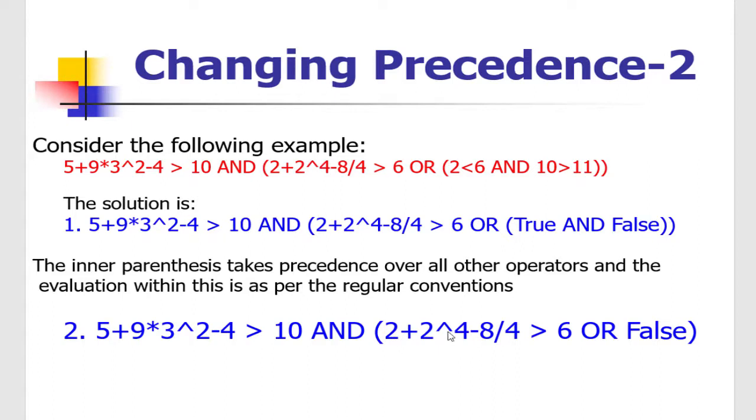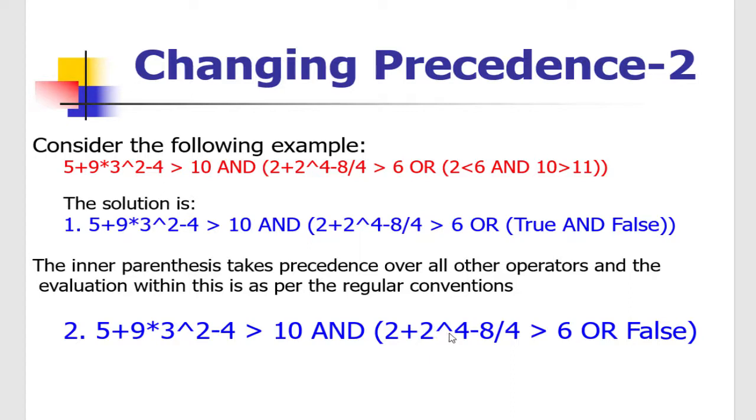Then we look at the next set of operations to be conducted. We have 2 plus 2 raised to power 4 minus 8 divided by 4. Now this has a higher precedence than this one. So we are going to raise 2 to power 4. This is 16. Then we divide 8 by 4. This is 2. Then the minus and the plus have the same precedence. This is going to be 2 plus 16.